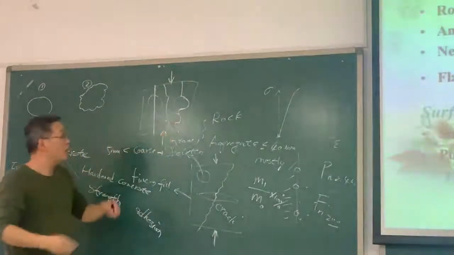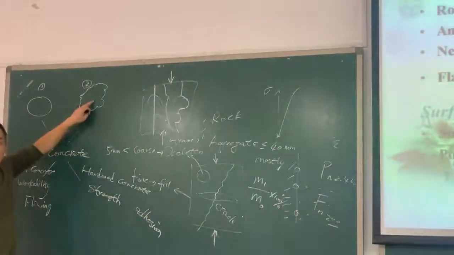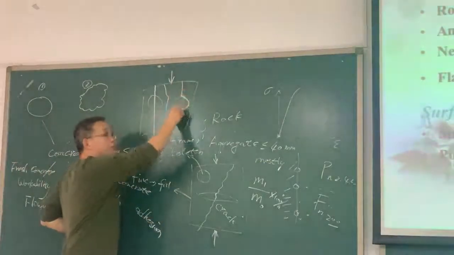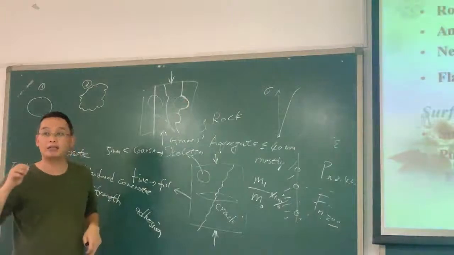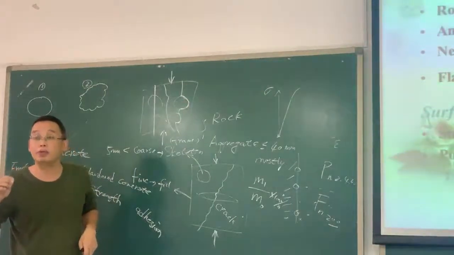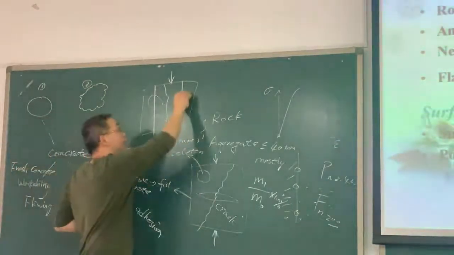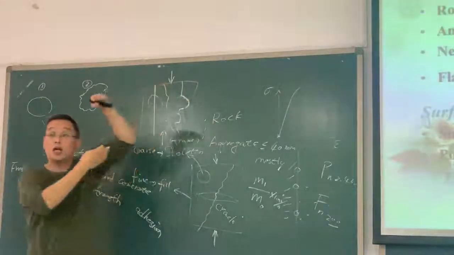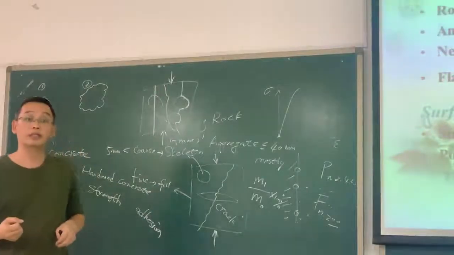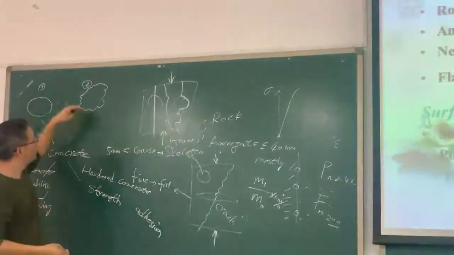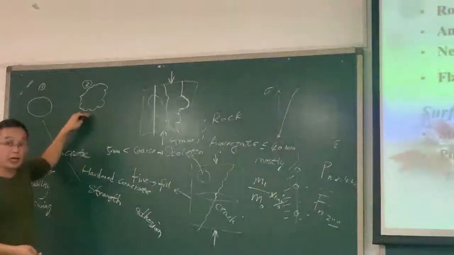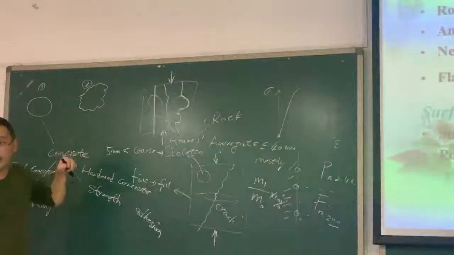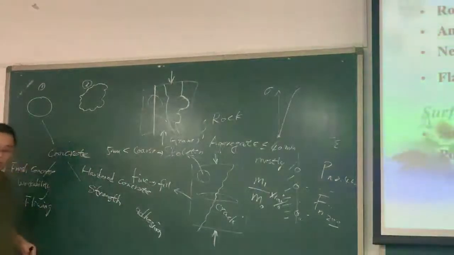This one. And if we use this kind of aggregate, the strength here is enhanced, is improved. So the strength of the concrete is also increased. So if we use the manufactured aggregate, we can get better strength.